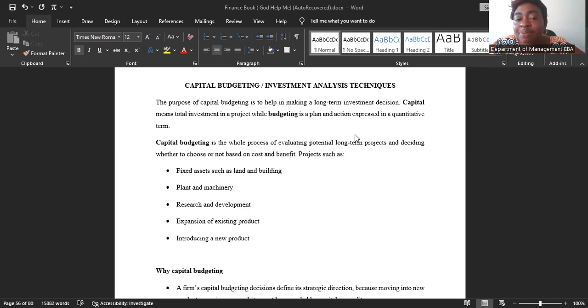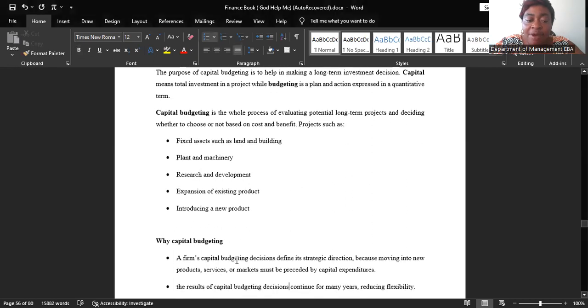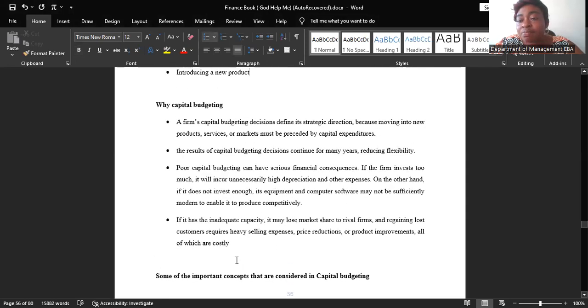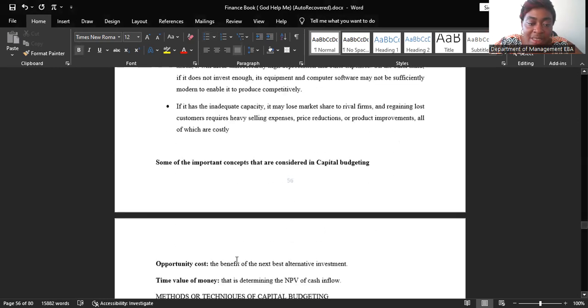Like land and building, plant and machinery, research and development. All these things involve huge sums of what? Cash, and therefore we need to make a very good capital investment decision so that we don't end up wasting our capital or causing harm to the company.